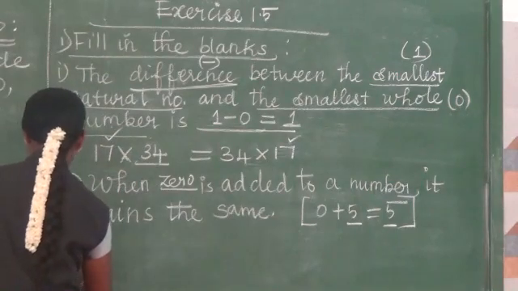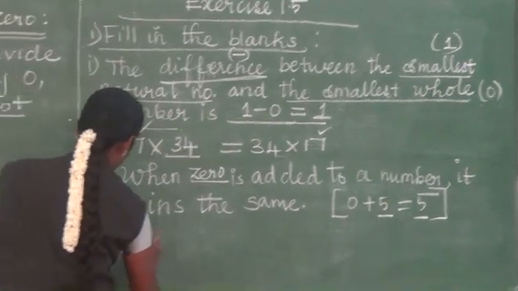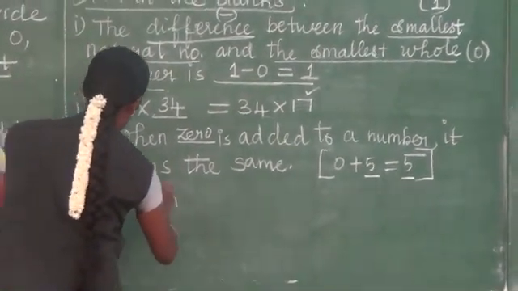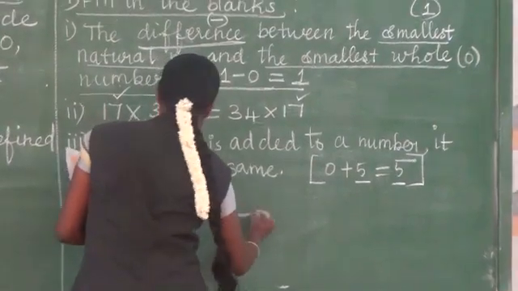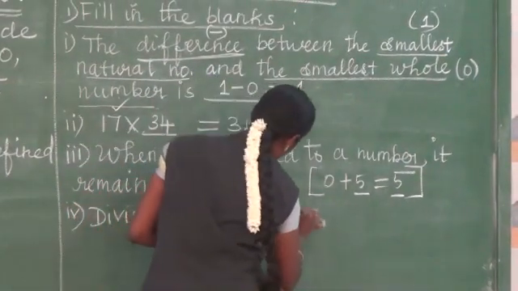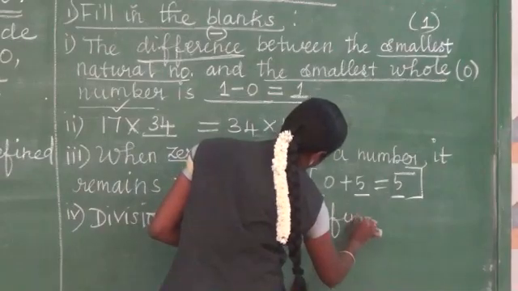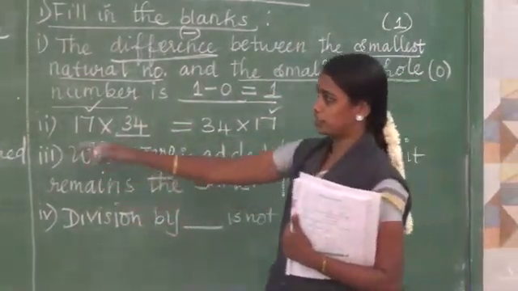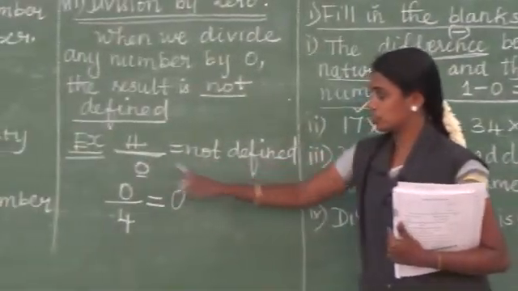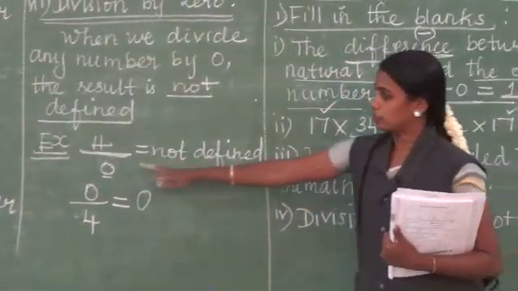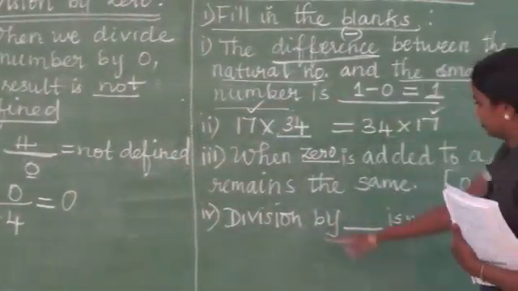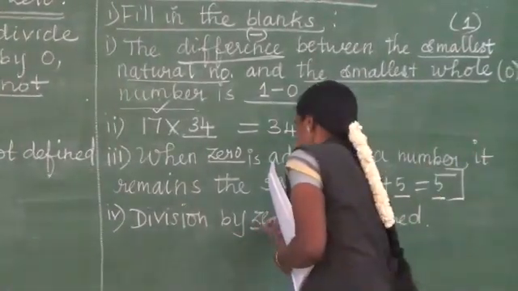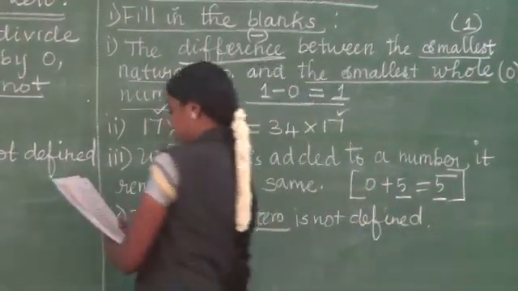Option 4. Division by dash is not defined. We just learned this, yes or no? Division by 0 is not defined. Don't forget this.